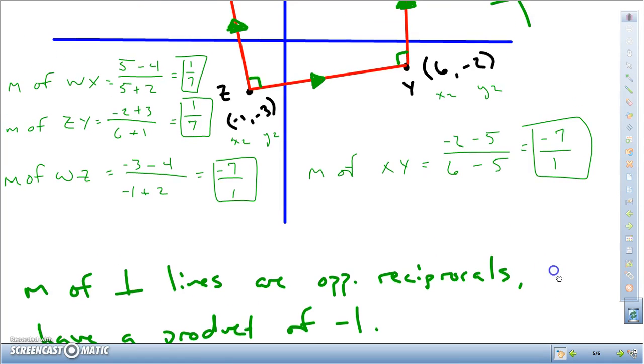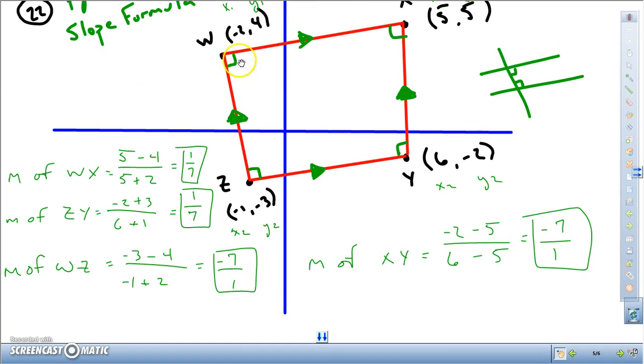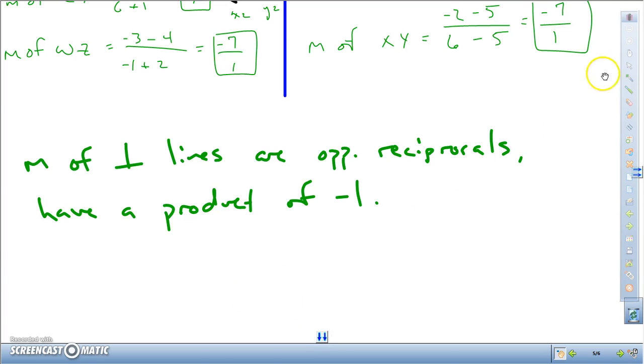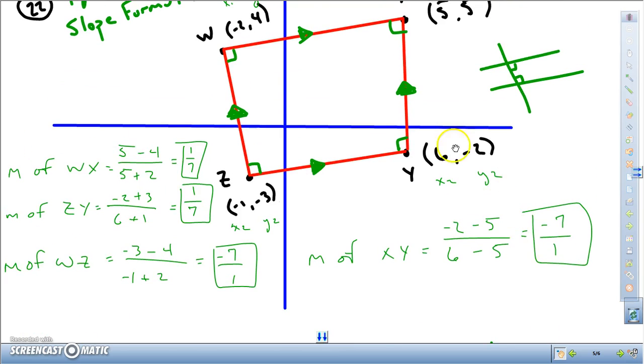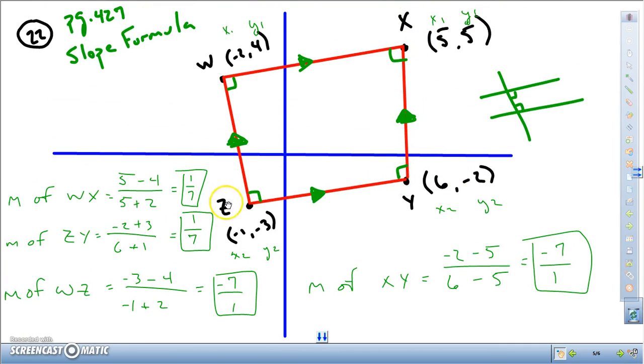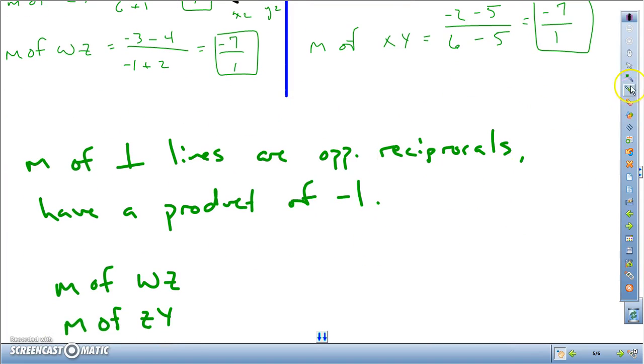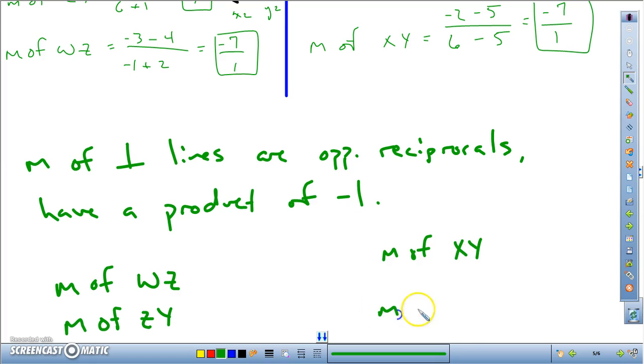Which slopes am I looking at? I want to compare the slope of this line WZ to the slope of this line ZY. Let me come down here and write that: slope of WZ and slope of ZY. That's one of the comparisons I'm going to make. And then I also want to compare the slope of XY to the slope of YZ. So slope of XY, slope of YZ.